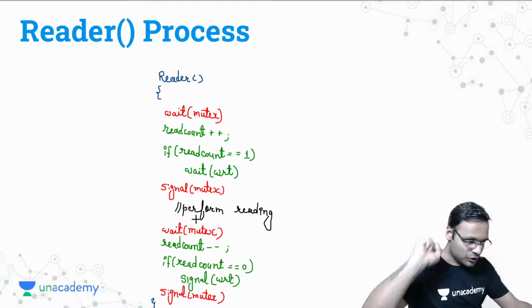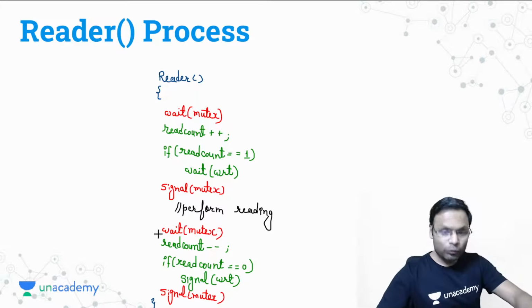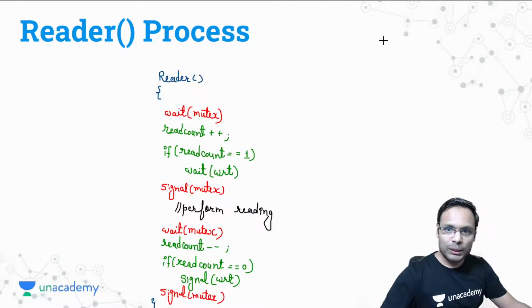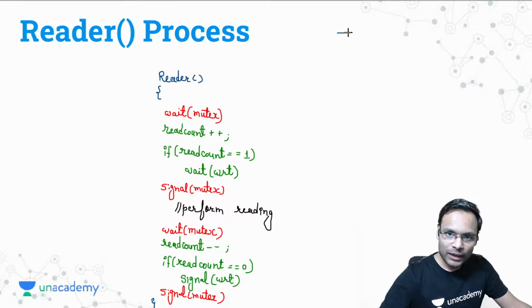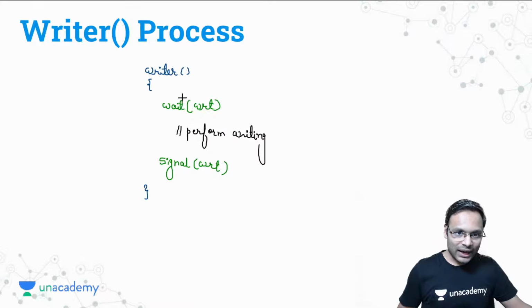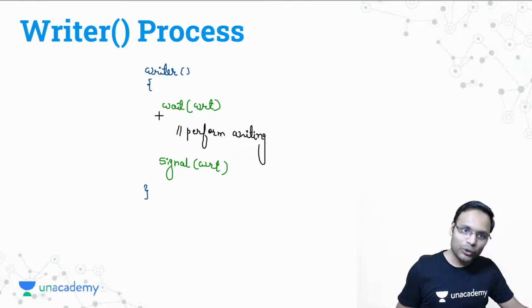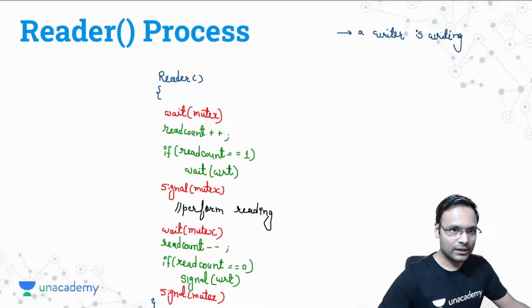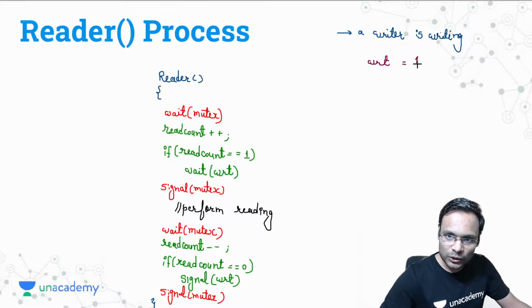Let's take one more thing. Suppose I'm using a case: a writer is writing. Okay, fine. Means the writer has already taken wait WRT. So WRT becomes 1 to 0.